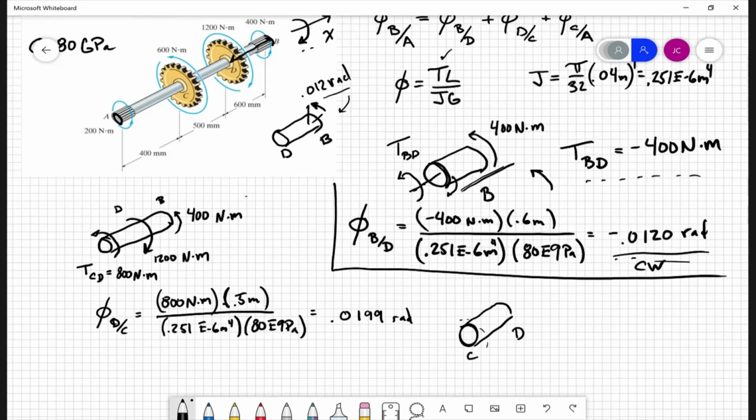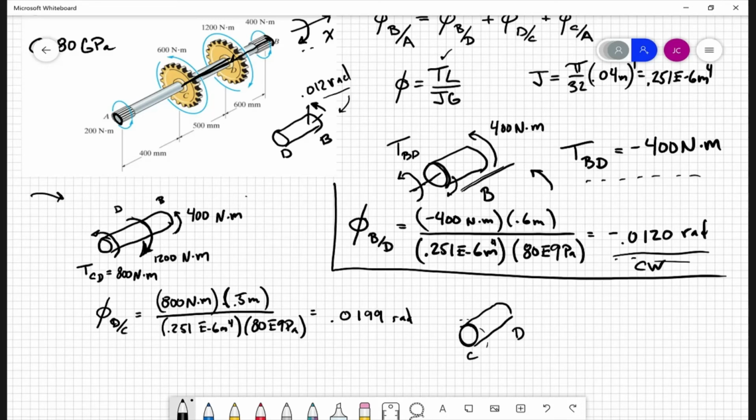So it's going to be clockwise, right? Now, if we look at what's going on in section CD, the first thing we need to do is draw the free body diagram that's going to expose that internal torque. So here's that free body diagram, not well drawn, but we have point B and then point D, and then we cut it in such a manner that it exposes the internal torque CD. We've got 400 Newton meters going in this direction, and then the 1200 Newton meters going in the opposite direction.